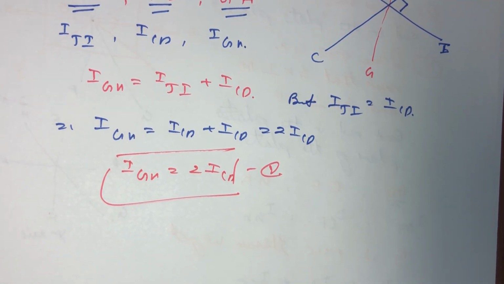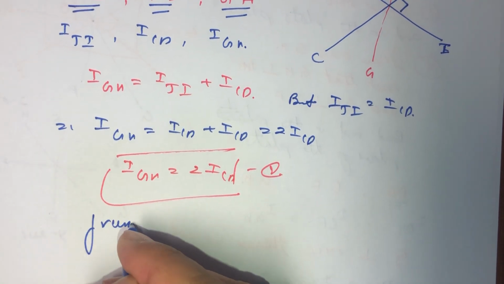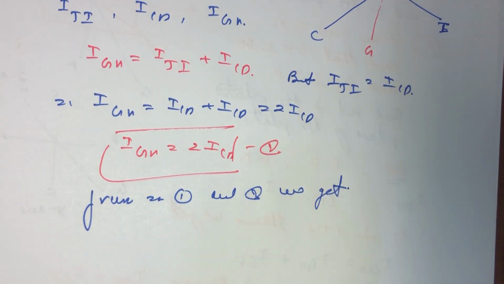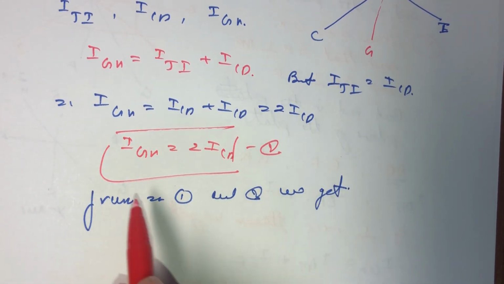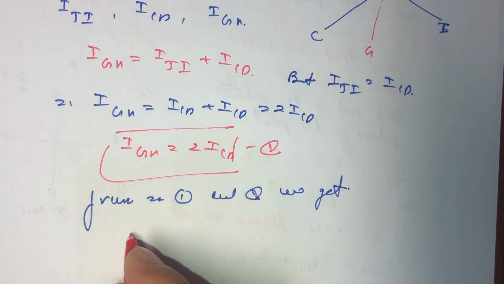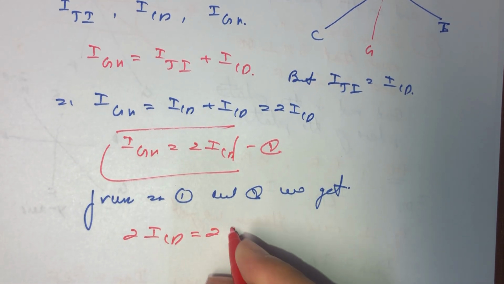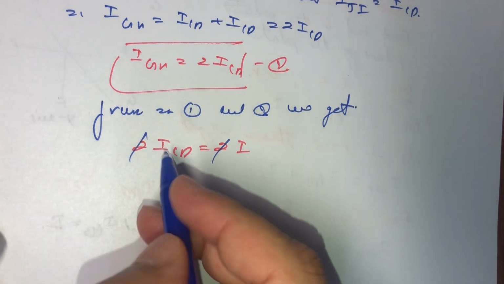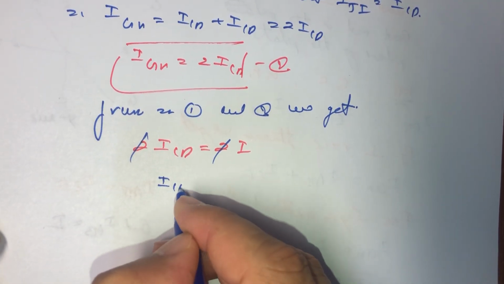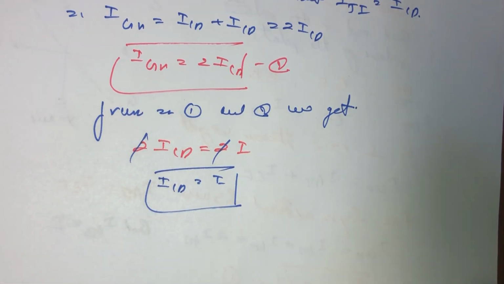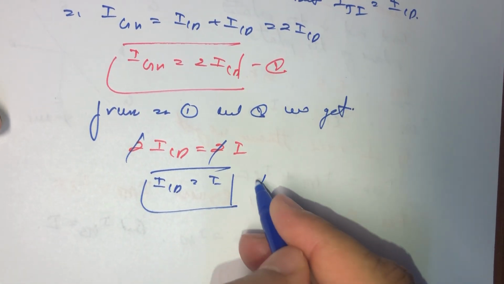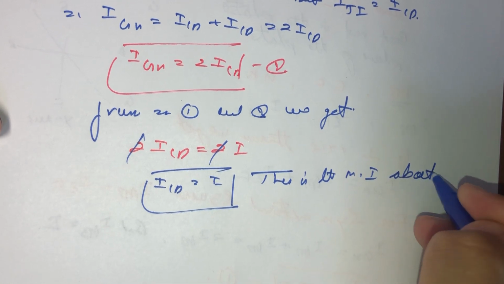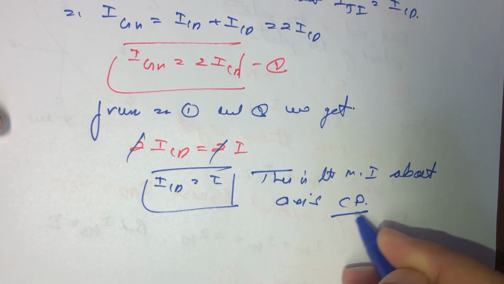So using equations 1 and 2, the left side is the same, IGH and IGH, so twice ICD will be equal to twice I. Here 2 and 2 cancel out, and we get the moment of inertia about axis CD equal to I. This is the moment of inertia about axis CD.